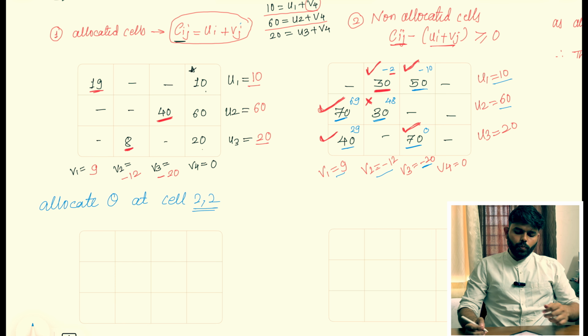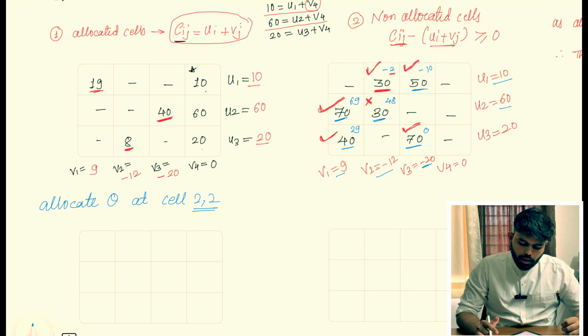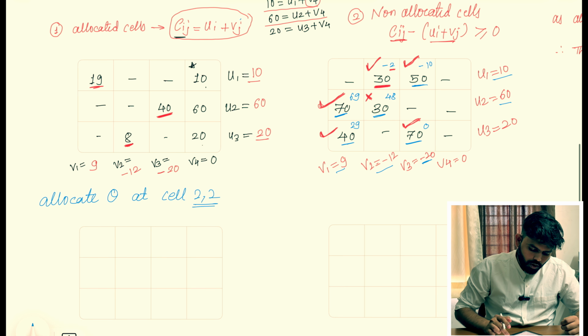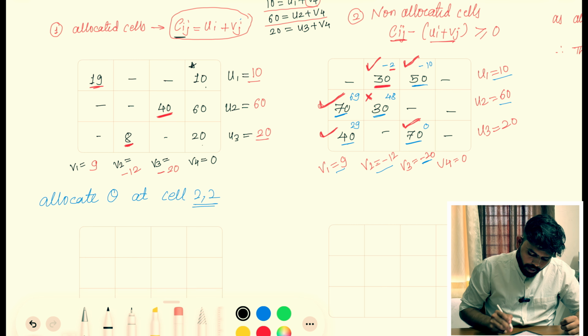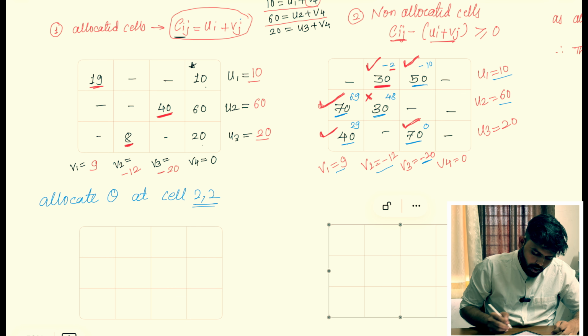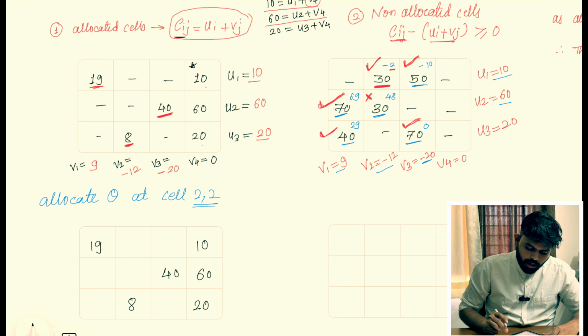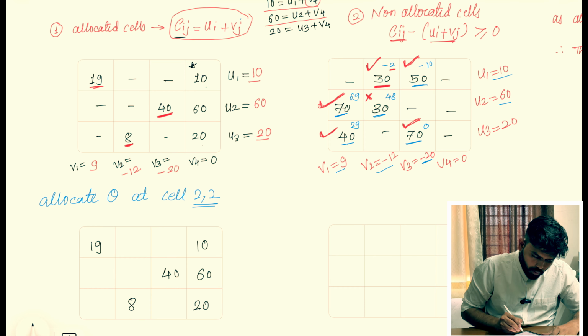Why at cell 22? Because at cell 22 the condition is not getting satisfied. So now again I will write down the allocated cell values. The allocated cell values are 19, 10, 40, 60, 8 and 20. And now I will add the cell value at cell 22 also, which is equal to 30.